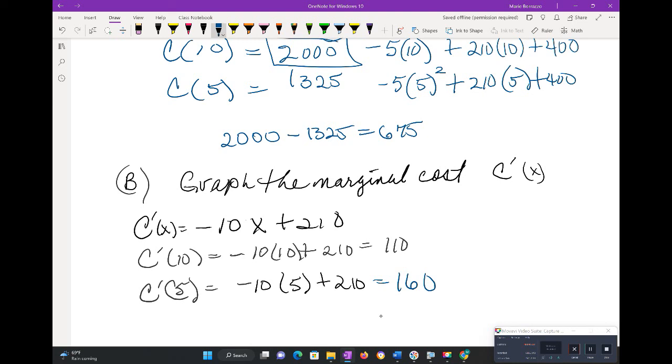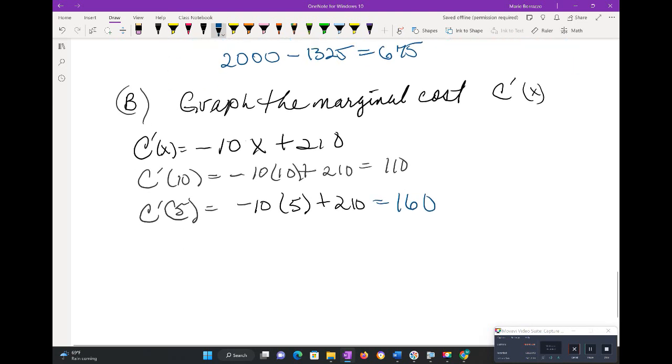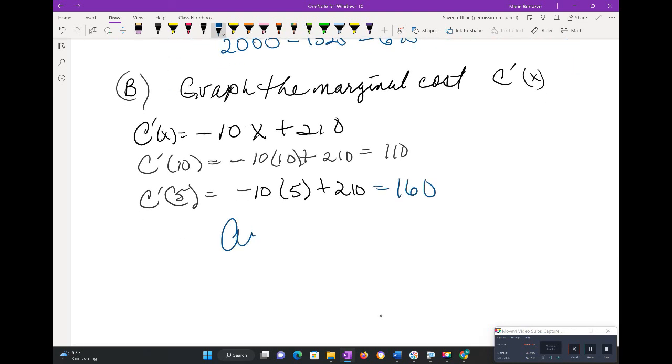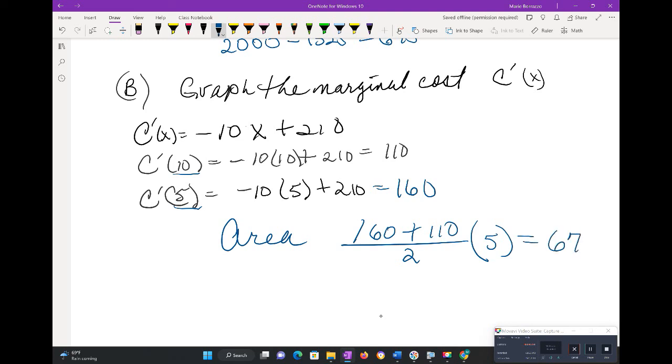And in the area formula for a trapezoid, area is equal to the top value of 160 plus 110, the bottom value, divided by 2, so the average of them, and then times 5, which is basically the 10 minus the 5. And we end up with, again, 675. So there's no difference, which answers part C.